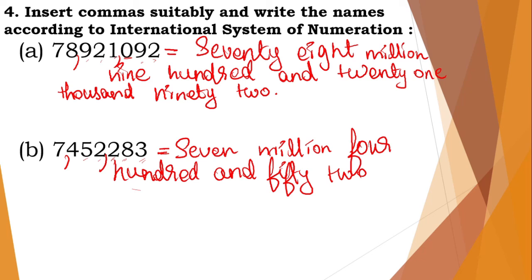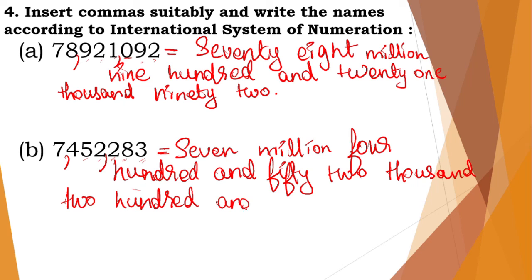So it will be 452,000. Now at last we have 283. So 283. So this will be the number name. Now let's see the next question.